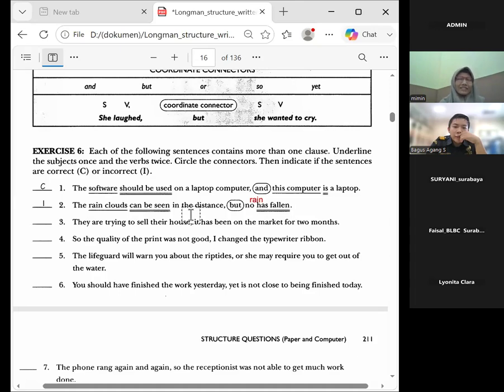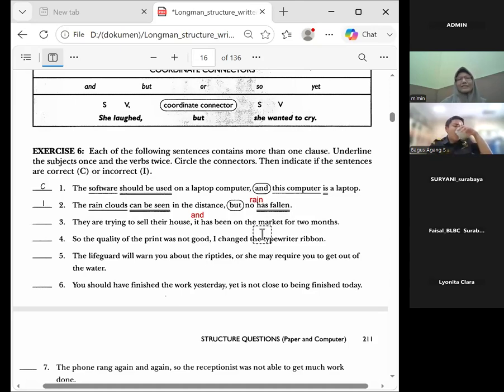Yes? And maybe, coach. I think and is the right connector, because they are trying to sell their house and it has been on the market for 2 months. Those 2 sentences do not show any contrast or cause and effect or alternative.